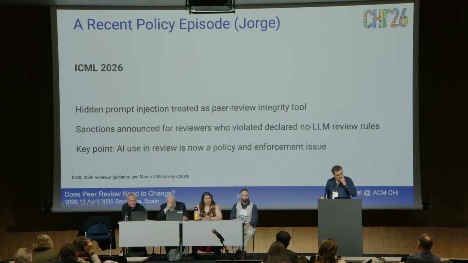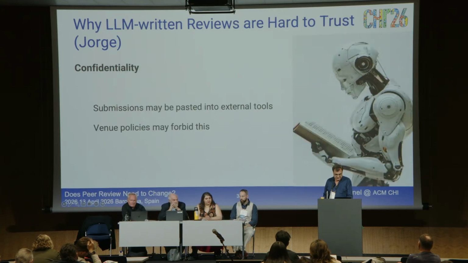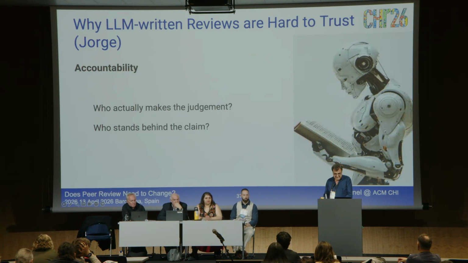So the key point from this is that AI use in review is now more a policy and enforcement issue. And there is another ethical issue that's important. If people feed reviews into ChatGPT, they can be used to train the next generation of the large language model. And of course, ACM policies specifically forbid this, and not only ACM.